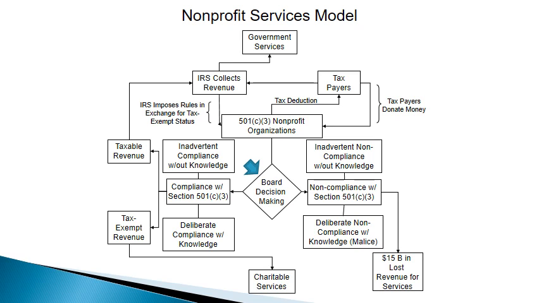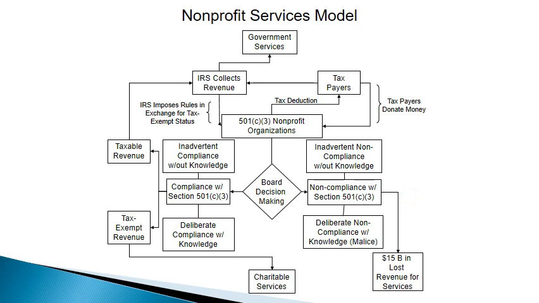I ended up with Cohen, March, and Olsen 1972 decision-making theory. So those could kind of branch off of here, but I don't have the theories in this one. What I was looking for is, are nonprofit boards in compliance? Are they making decisions that are in compliance with Section 501(c)(3), or are they making decisions that are not in compliance?